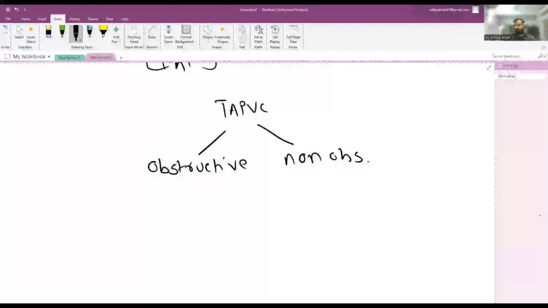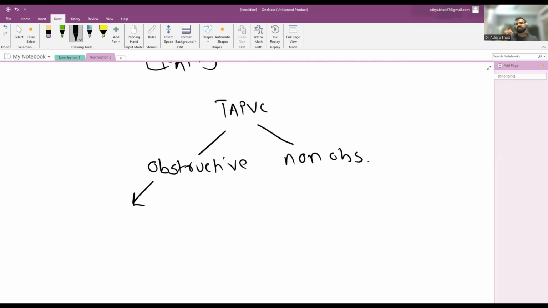The pulmonary vein return, the blood that comes back to the heart, gets obstructed anywhere along its path. So there is a very common misunderstanding that obstructive TAPVC is a word used for infracardiac TAPVC, and that is absolutely wrong. Obstructive TAPVC can occur with any type of TAPVC.